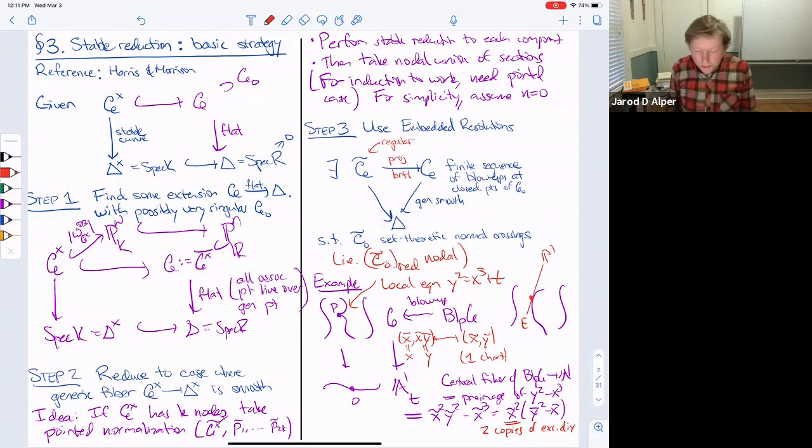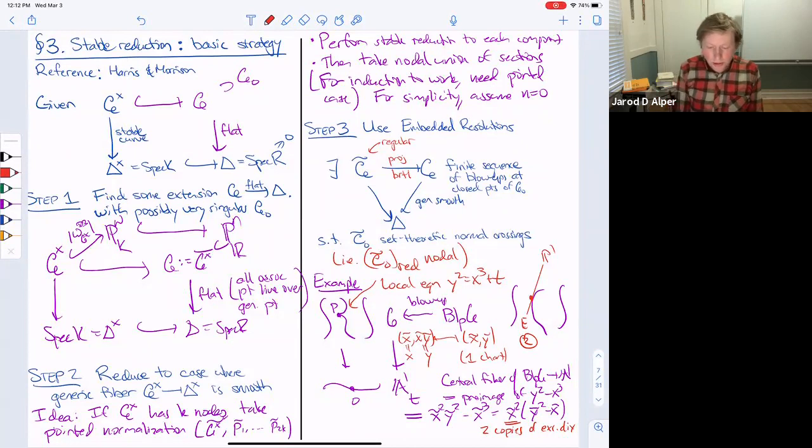And so you see here that the central fiber has two copies of the exceptional divisor, both non-reduced. Okay, so that was step 3.